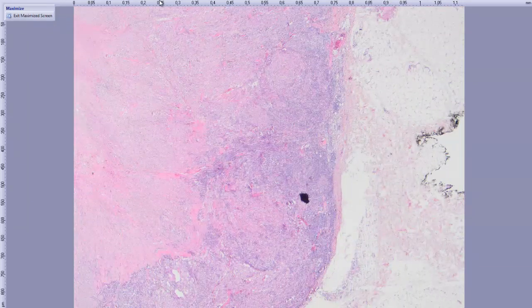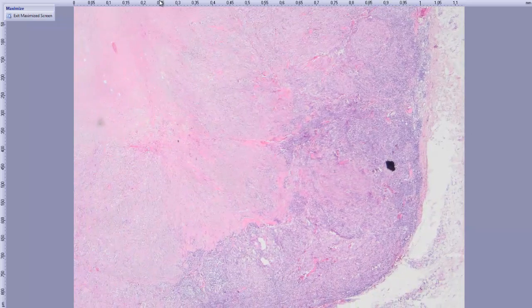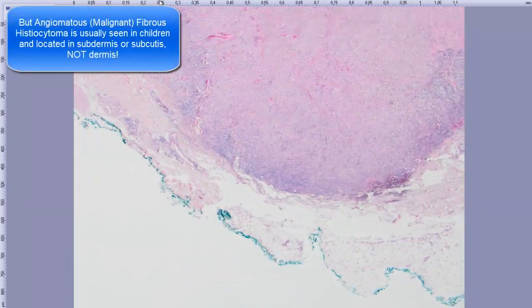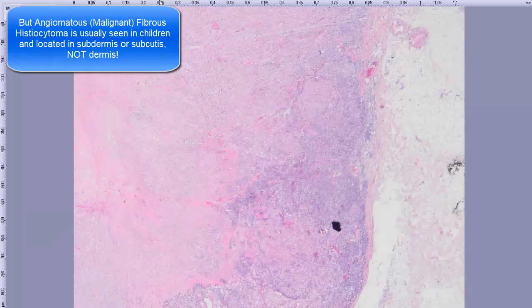and at this low power field we may suspect angiomatoid fibrous histiocytoma with this kind of lymph node like look.